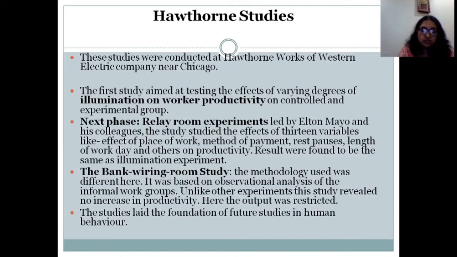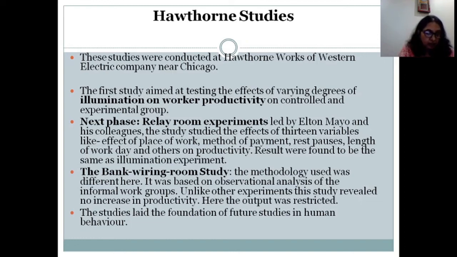So, first was a small group. Second, type of supervision. Third, earnings. Fourth, novelty of the situation. Fifth, interest in the experiment. And sixth, attention received in the test room.